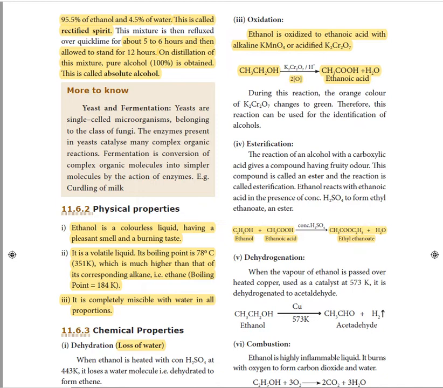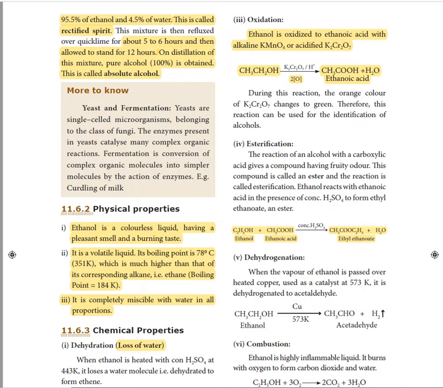What is esterification? When an alcohol reacts with alkanoic acid, it gives ester: CH3COOC2H5, ethyl ethanoate. Just one water molecule is removed from ethanol and ethanoic acid.